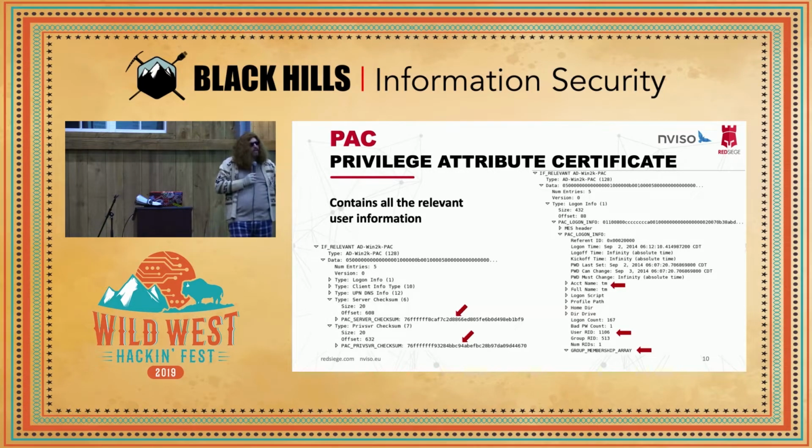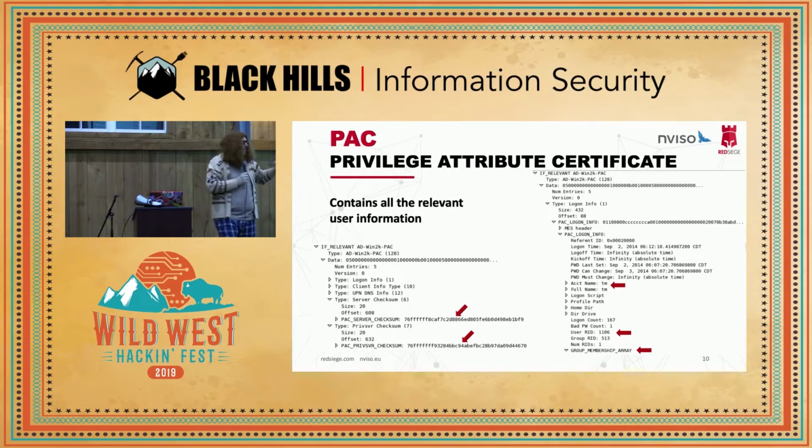Now to protect this PAC, well, first off, in that ticket we saw a second ago, it's already encrypted. But there are two additional signatures at the end of the PAC. The first signature is signed using the secret key for the member server, for the target server. So that password hash is used to encrypt this as well as to sign this.